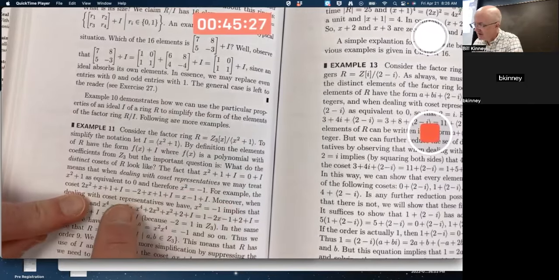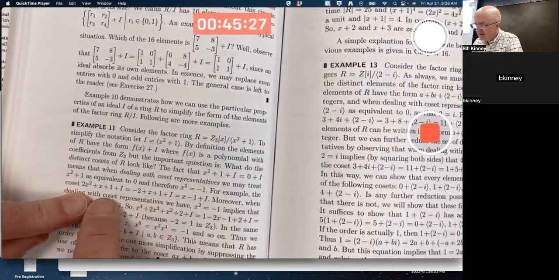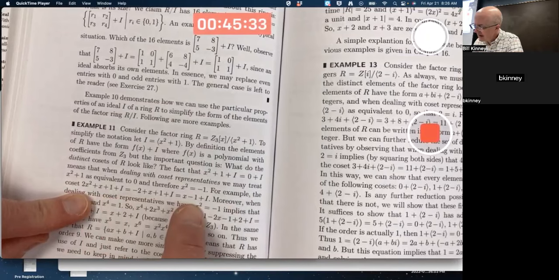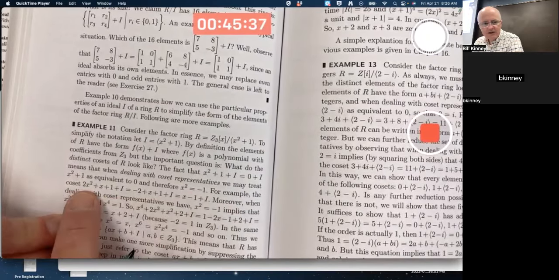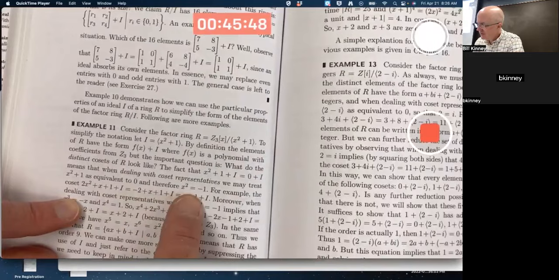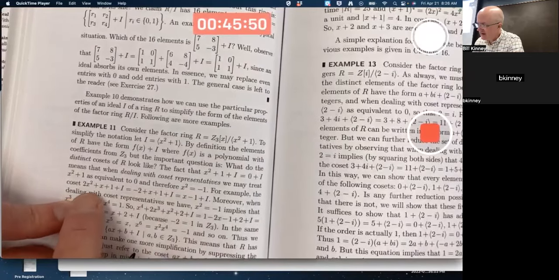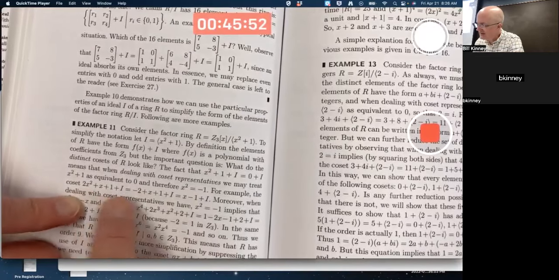Here's a real key calculation. 2x squared plus x plus 1 simplifies to that. What happened? That x squared can just get replaced with -1. I mean, you really have to prove that this is okay, but you can, and we won't bother. You can replace this x squared with -1. So you get 2 times -1 is -2.